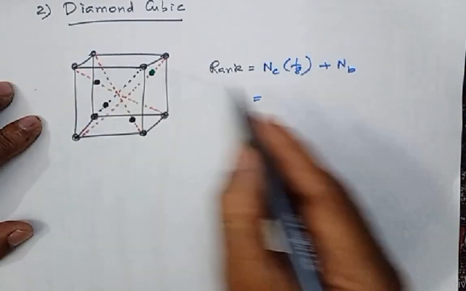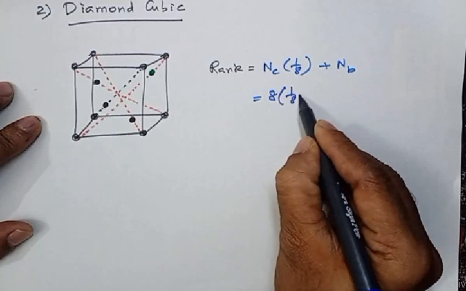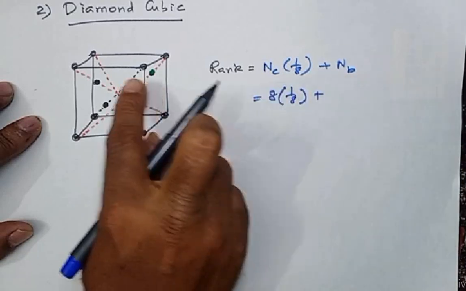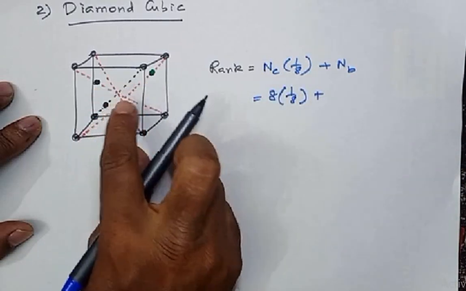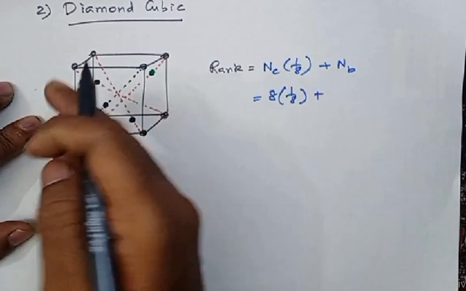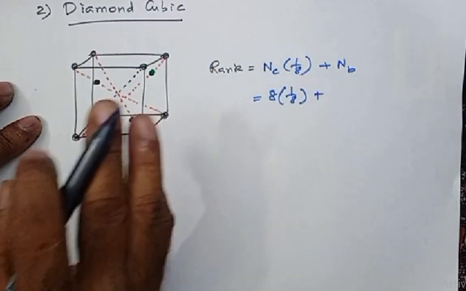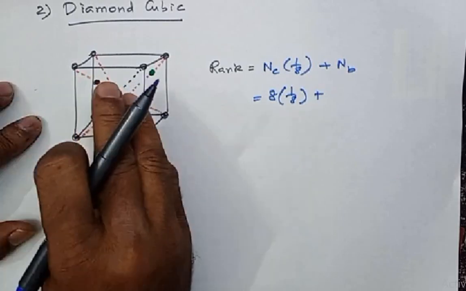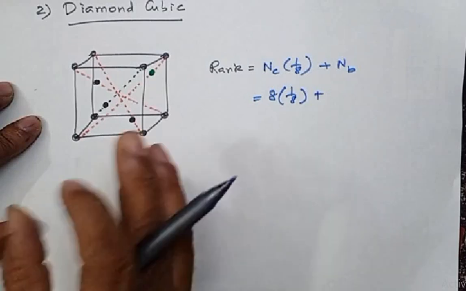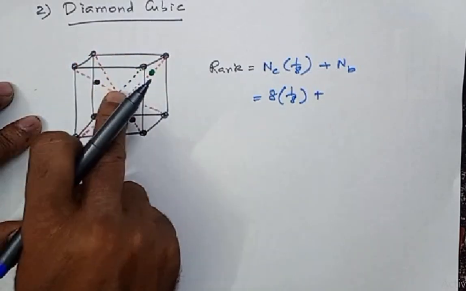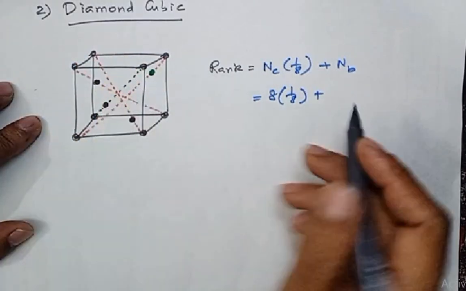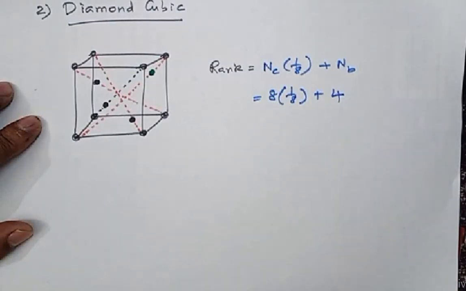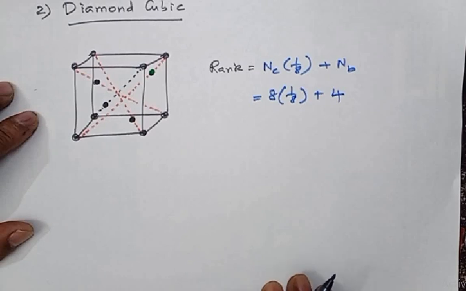So we have 8 corners, 8 into 1 by 8, plus we have 4 atoms present inside, which are not shared by other unit cells. Those 4 atoms belong to this unit cell only, so you just add 4 as such. Take down.